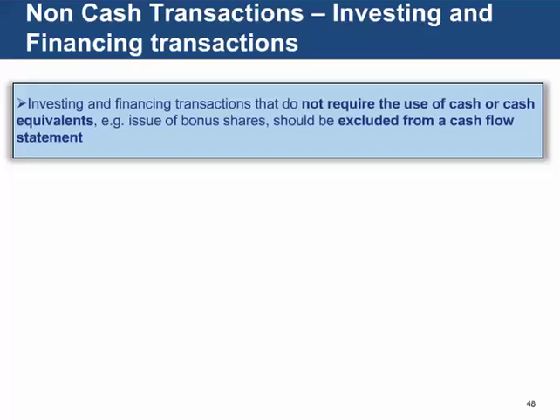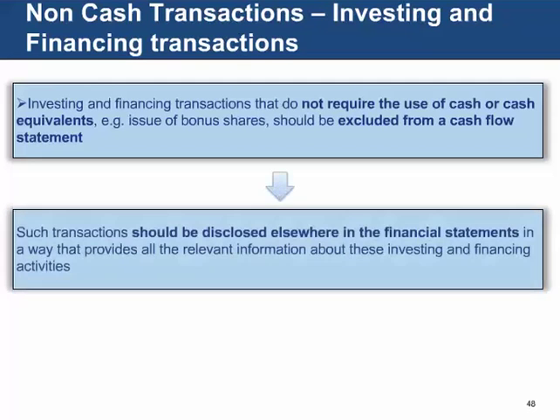However, since they have been excluded, there is also a requirement to present such transactions elsewhere in the financial statements. So, such transactions should be disclosed elsewhere in the financial statements in a way that provides all the relevant information about these investing and financing activities.